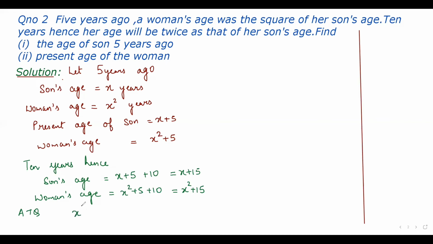It will be x square plus 15 is twice the son's age, so 2 times x plus 15. Okay, so this is the equation. Now we will start solving it. Let us do the partition so that it's clear.